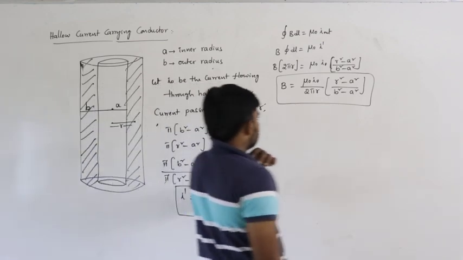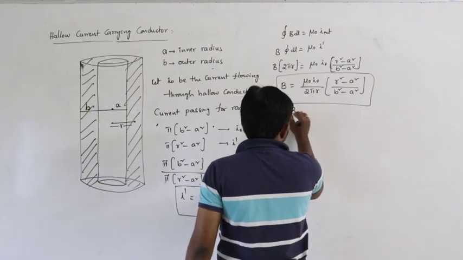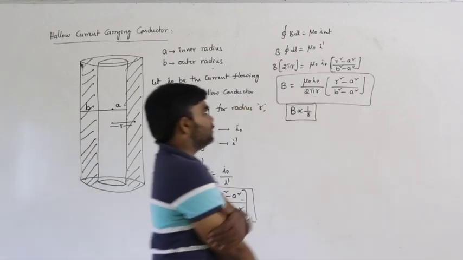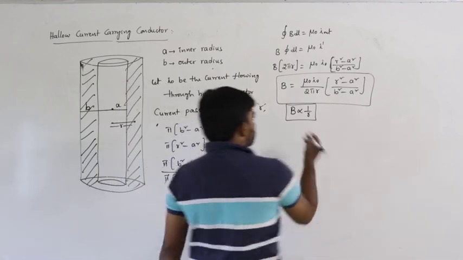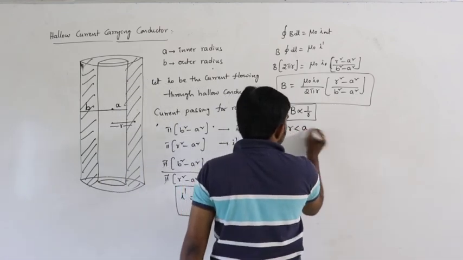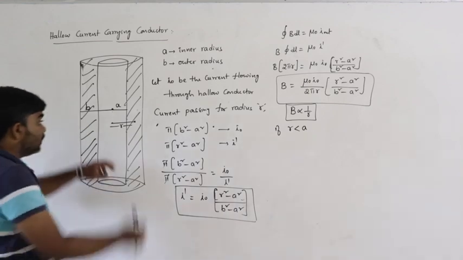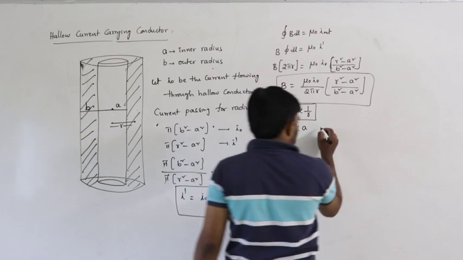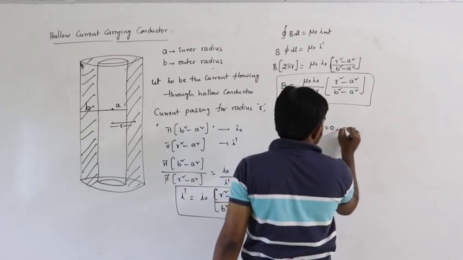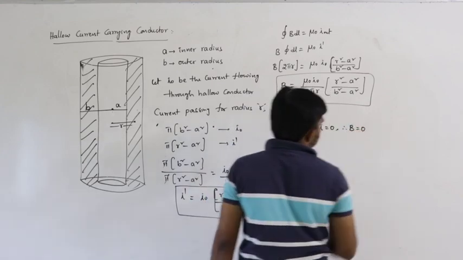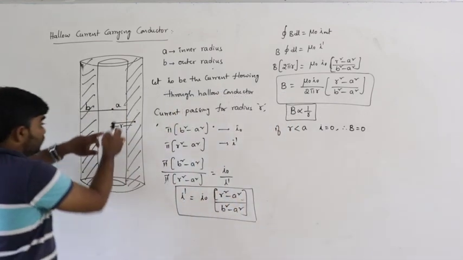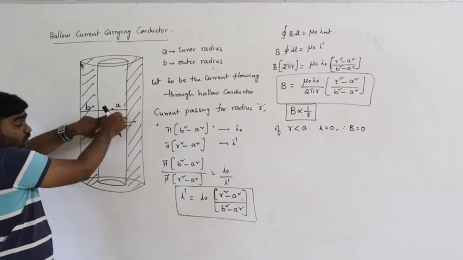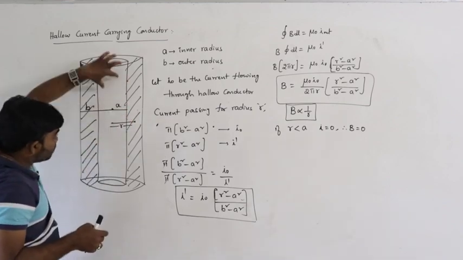So from this we can write B is inversely proportional to r. In this situation, if r is less than a, if the distance from the center is less than a, the current passing through the conductor equals 0, therefore B equals 0. So inside the hollow cylinder, in this part there is no current passing.